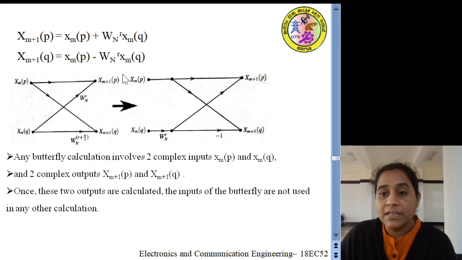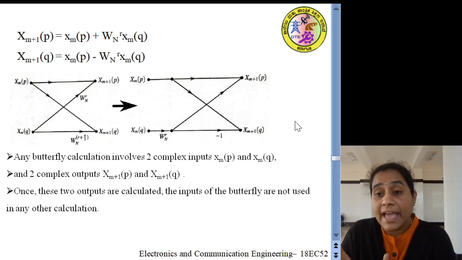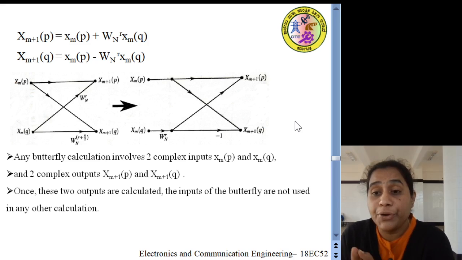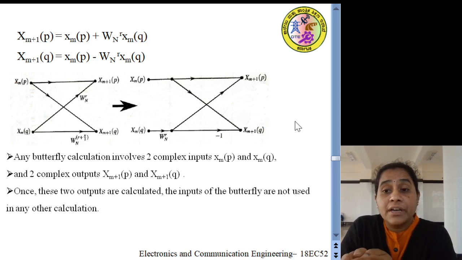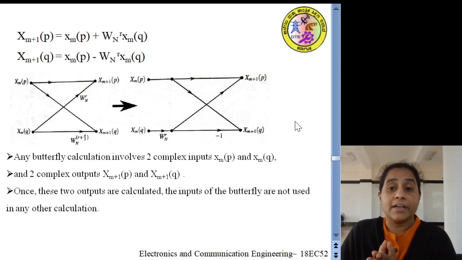That means this memory space will be replaced for storing these two values. So this is how we can use in-place computation. That leads to a reduced memory requirement, which is the main advantage of our FFT algorithm.